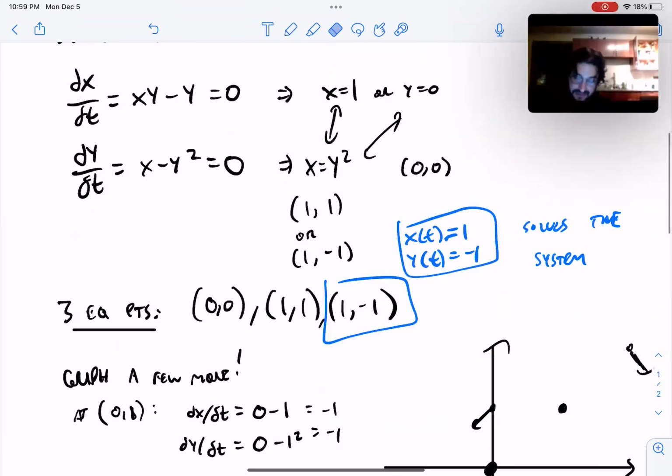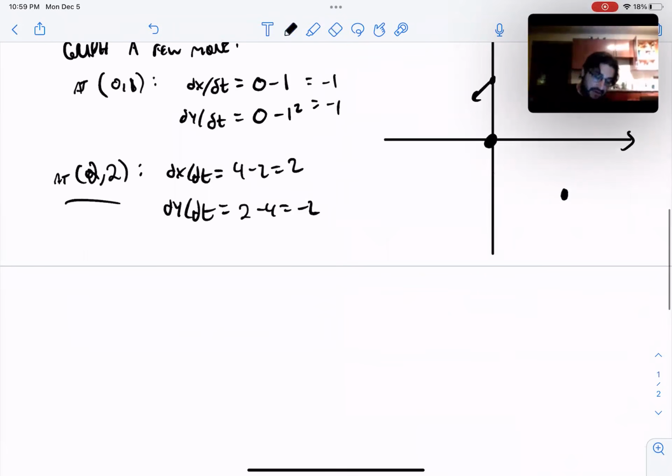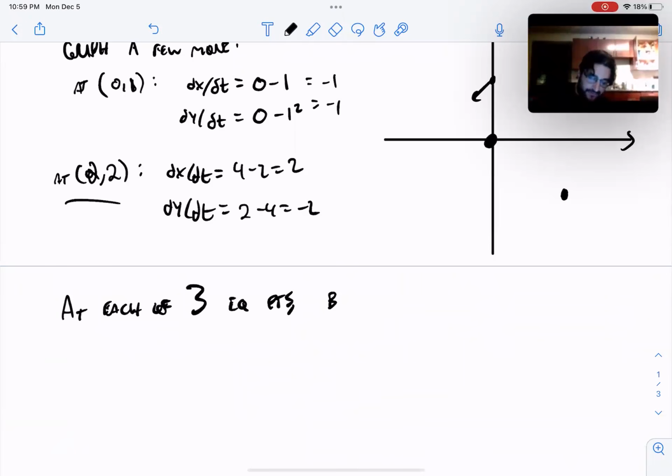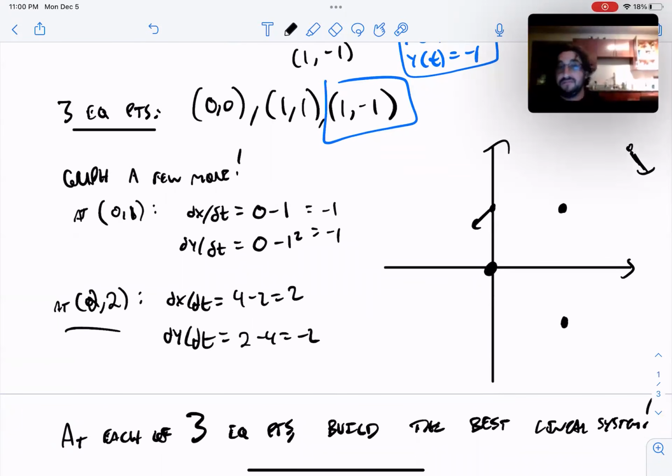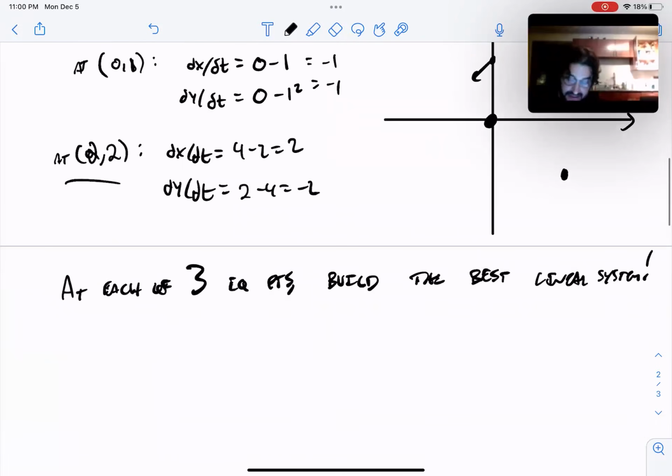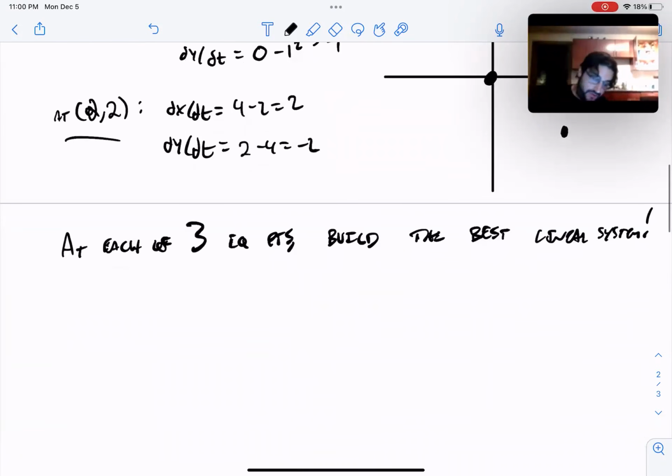That's what we're going to do so that we can really describe the graph at each of those, right? And we'll solve that, and it'll tell us what the phase plane looks like near each of those equilibrium points. So what do I mean by build the best linear system?